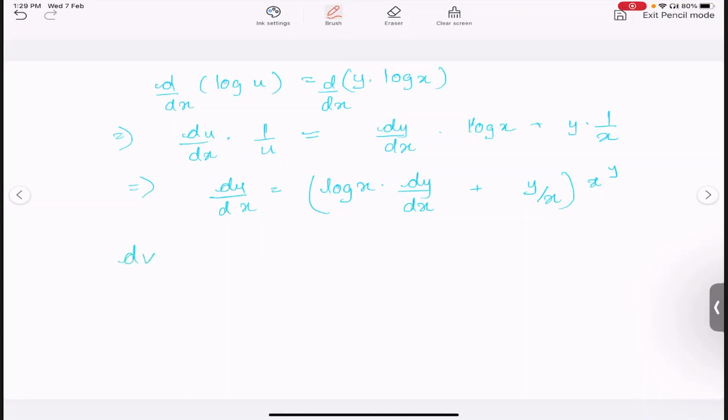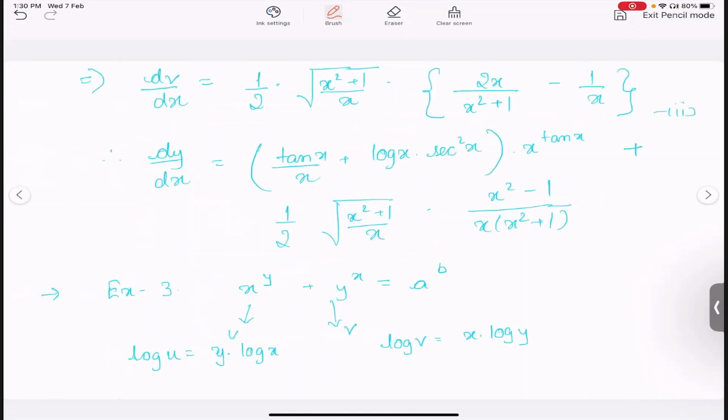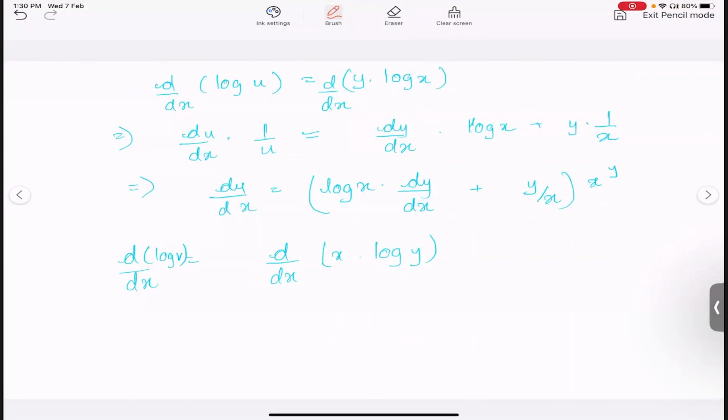So dv by dx will be equal to, log v is equal to d by dx of x times log y. This is what we had here, this thing. So this thing will be 1 by v times dv by dx will be equal to the derivative with respect to x keeping log y constant, derivative of x, plus derivative of log y keeping x constant.